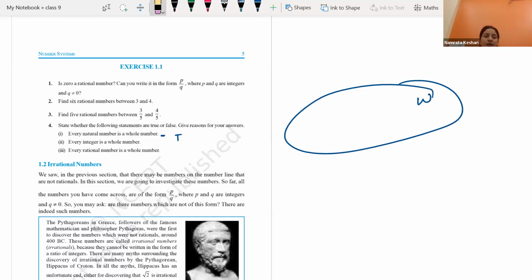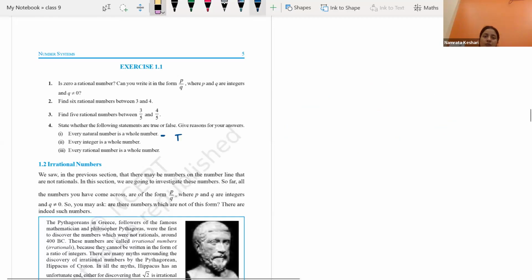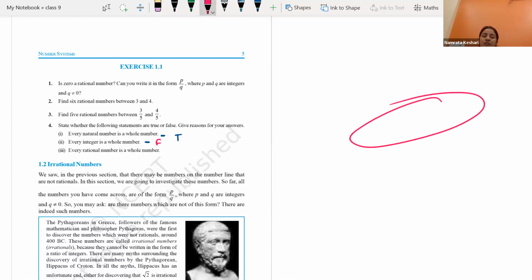Next, every integer is a whole number. False. Yes, LF, is it true or false? It is false because integers do not come inside the whole.